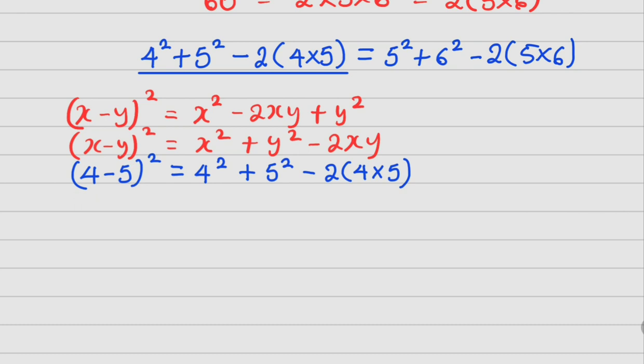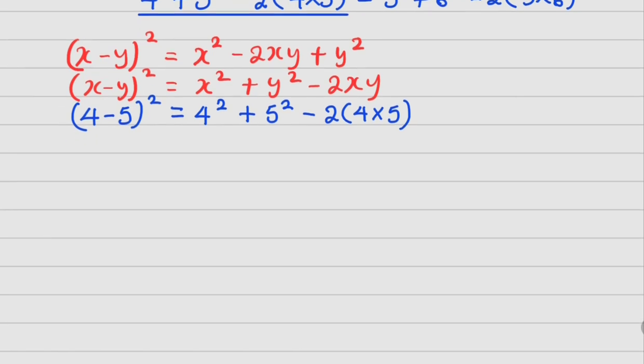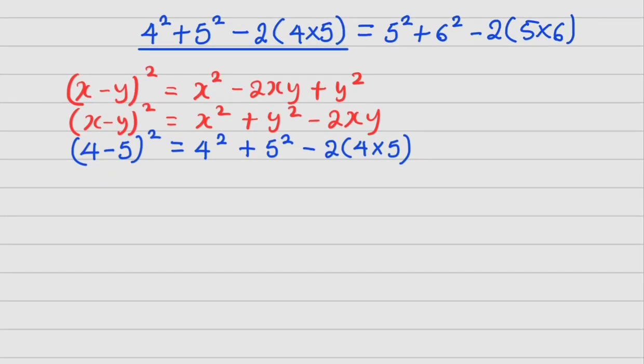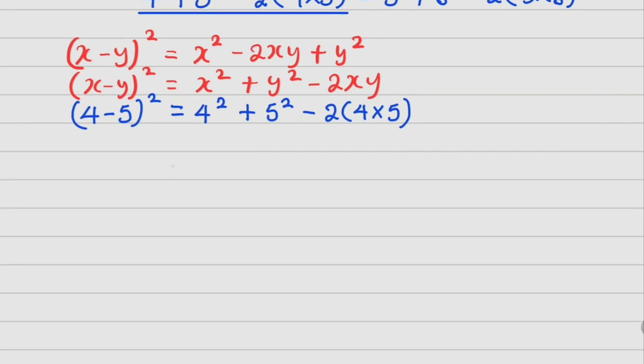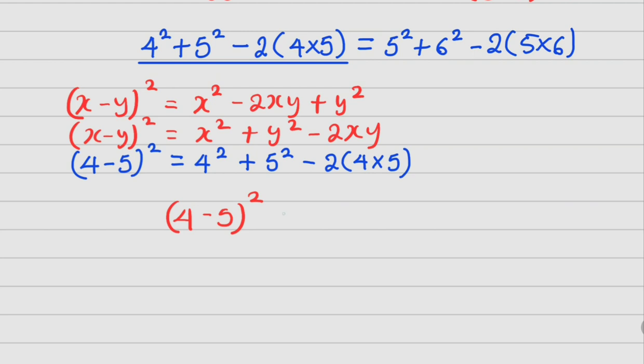So what I will do now is to substitute them. Instead of having that, I'm going to have 4 minus 5 all squared. The same thing here, I'm going to have 6 minus 5 all squared.